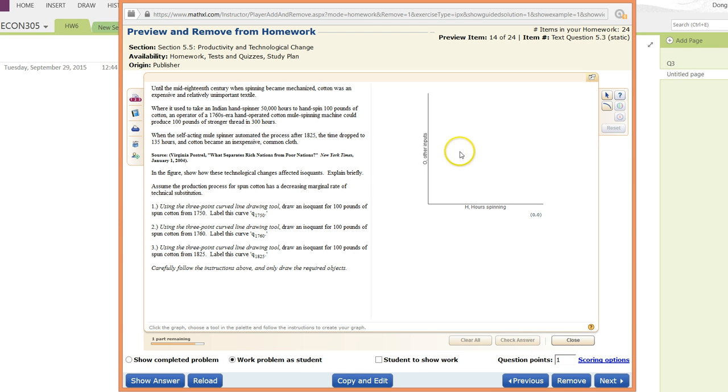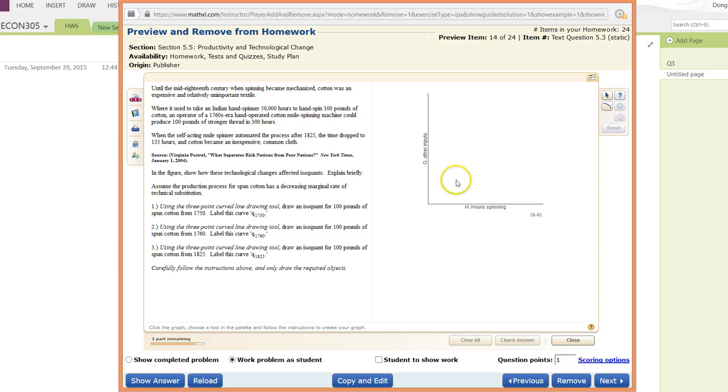So basically this tells us the shape of the isoquant should be what we call convex, which means that it's bending inward. It's like this, bending inward. That's how the marginal rate of technical substitution, basically the slope of the isoquant, is decreasing, which says this is convex, shaped like that.